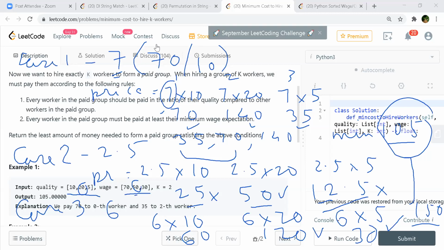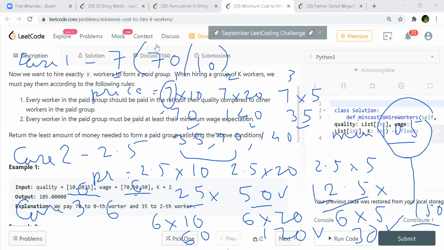So what I think is at least one of the payments has to be the minimum. Like in the first, 70 is the minimum wage; in the second, 50 is the minimum; and in the third, 30 is the minimum. So we fix the minimum, and then with respect to it we calculate the other two.